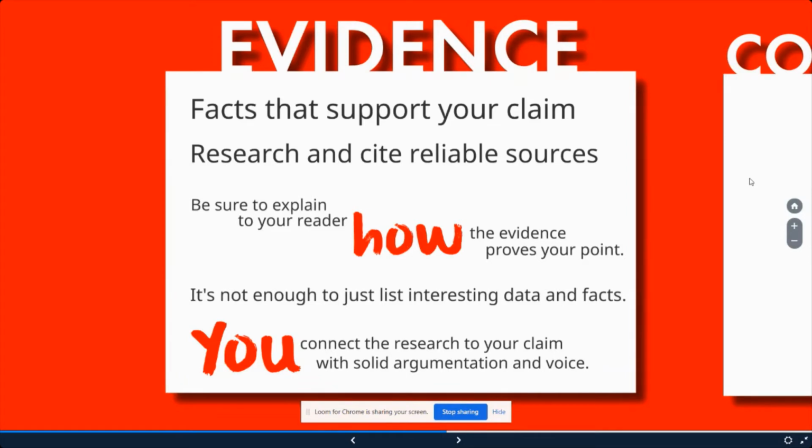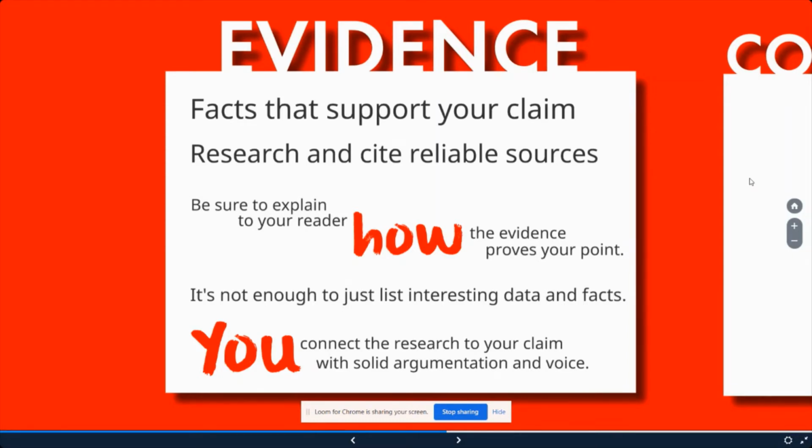So, for example, we would say our claim was ACT scores should not count against me in the college admission, or should not count against students in the college admissions process because test scores can be, or people can have test anxiety and not do well in the test. So that is your reason.